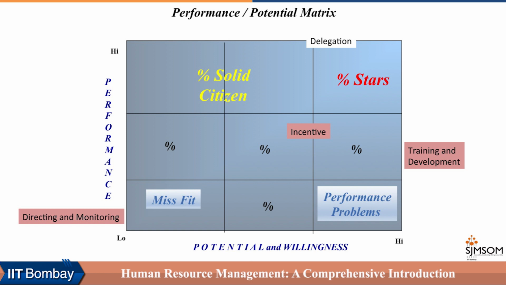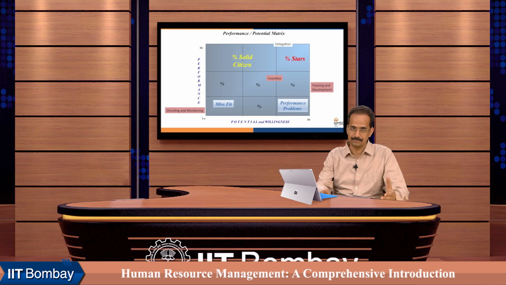The third category of talent can be called stars. These are stars because they contribute immensely to productivity and innovation in an organization. They are very high on performance and also very high on potential and willingness. These are also our most vulnerable talent.